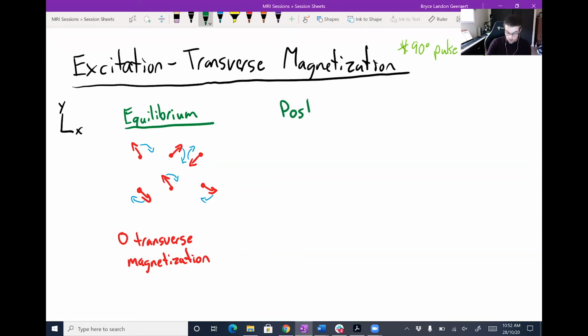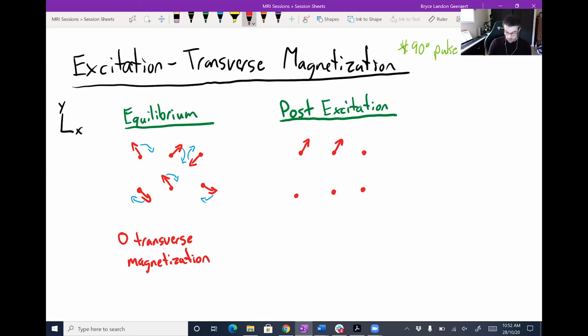Now, if we look at the post-excitation state, like I had up above, where again, we're using a 90-degree toy example, where we have a 90-degree flip. When we look at these spins again, what has changed is that there has been an external magnetic field, a B1, that has actually synchronized the precession of these guys.